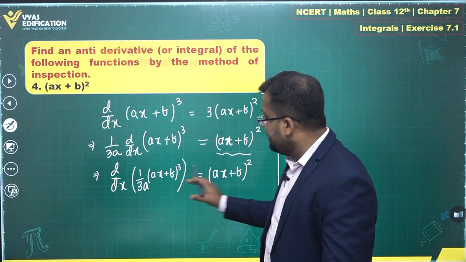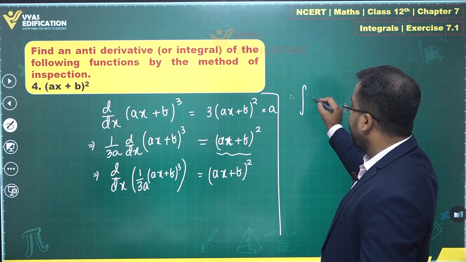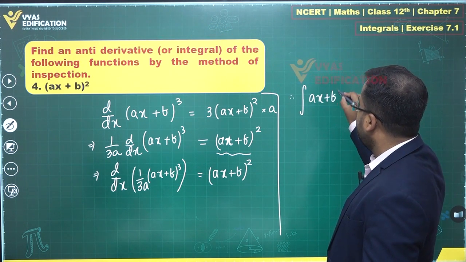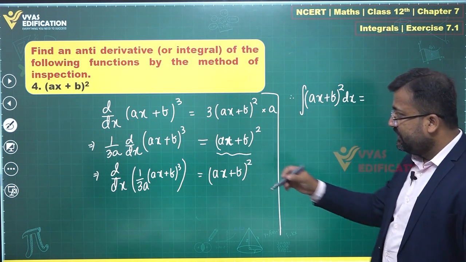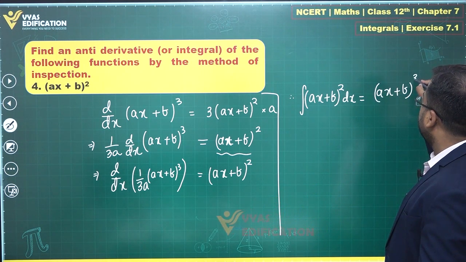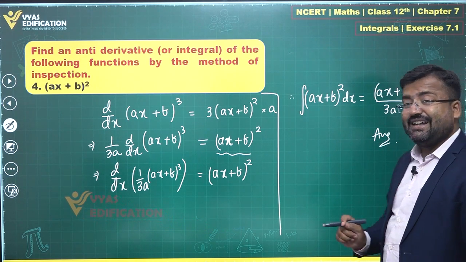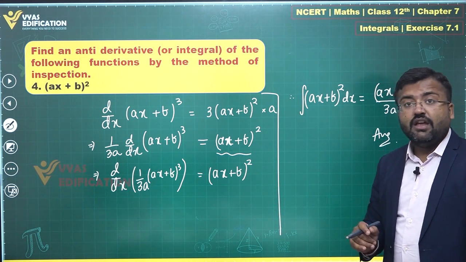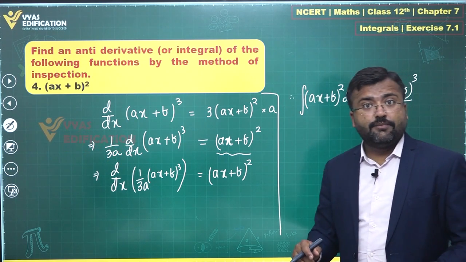If the derivative of this is this, then the integral of this will be this particular function. The integral of (ax plus b) square with respect to x will be equal to (ax plus b) power 3 upon 3a. That is one of the antiderivatives of this function. That's a complete solution for the fourth question.